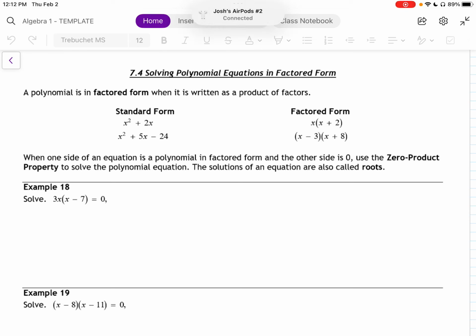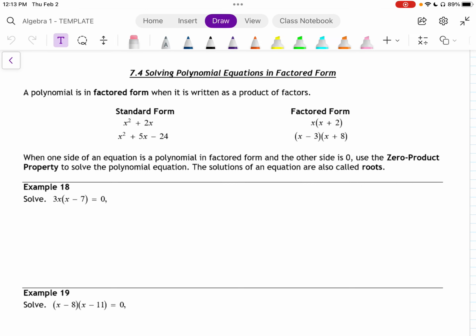All right, looking at 7.4, solving polynomial equations in factored form. So we talked about standard form earlier, or well, earlier for me, it might have been days for you. But standard form right here, it is where we have the exponents in order from biggest to smallest. Okay.